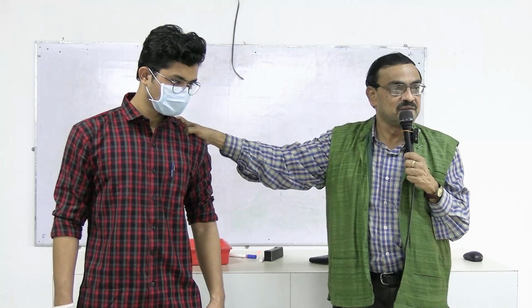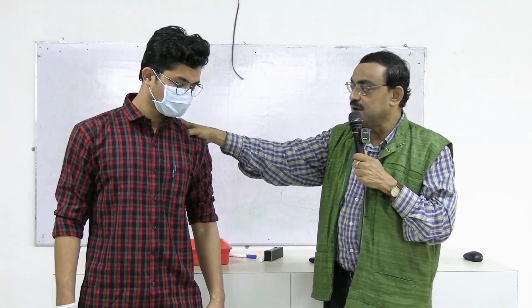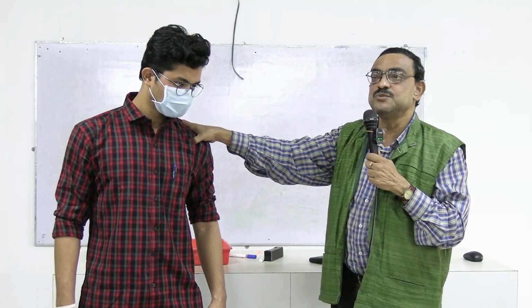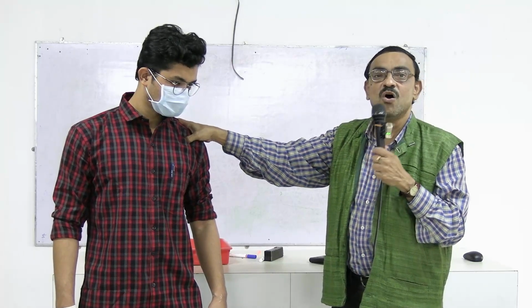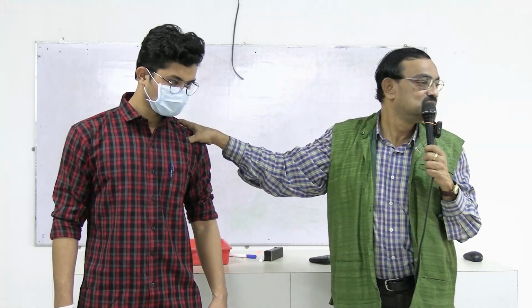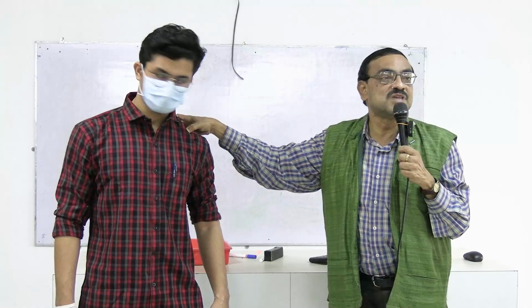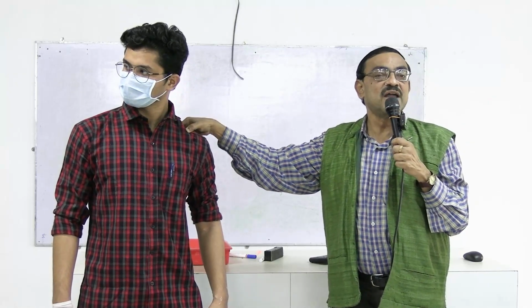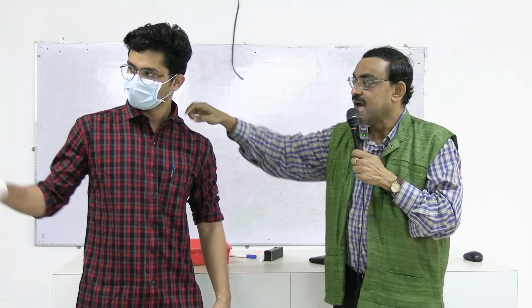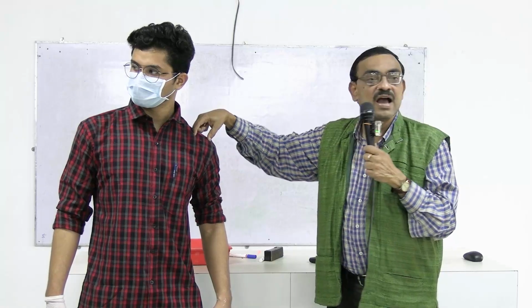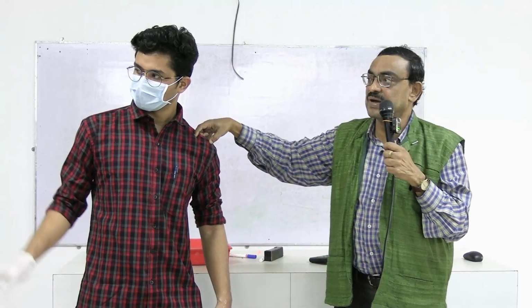Okay? And we have to go 1 inch below that point. First, we have to search the point which is located at the medial 3/4 and lateral 1/4 of the clavicle.